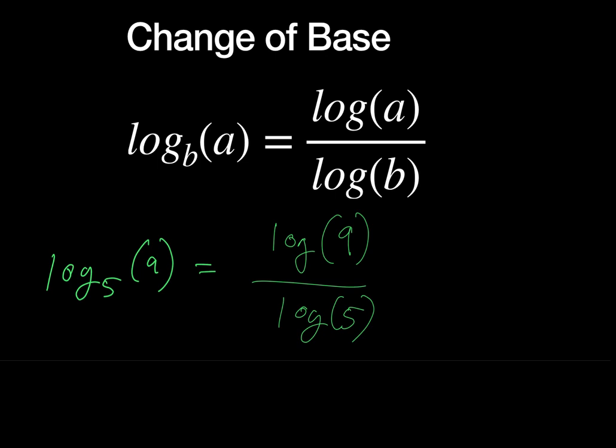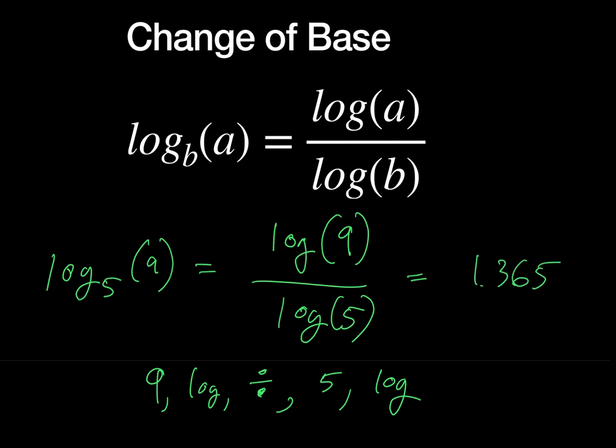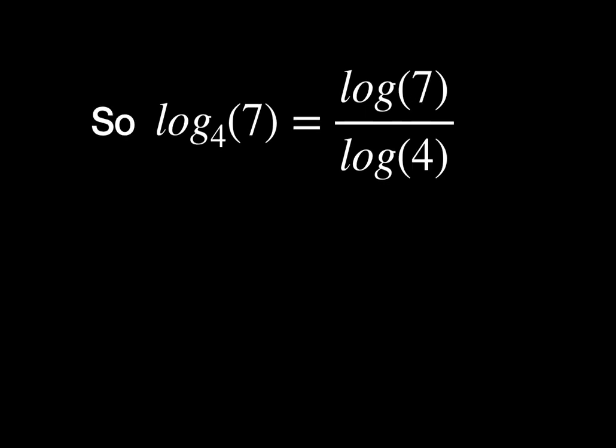Actually, what I did in my calculator, I typed in the 9 key, then the log key, then the divided by key, then the 5 key, and then the log key again, and it shows me those numbers, 0.6989 and 1.365. I'd have to look at it on your calculator. All these calculators are a little bit different, so give me a minute and I'll take a look at it.